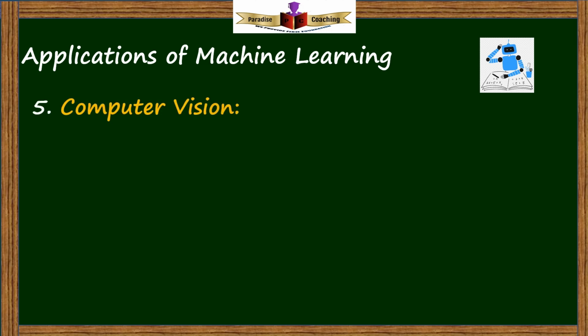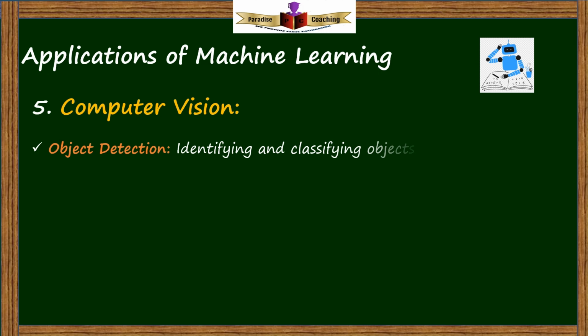Five. Computer vision. Object detection. Identifying and classifying objects in images and videos.